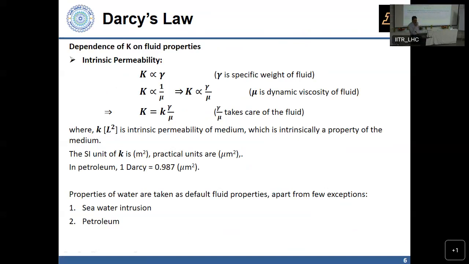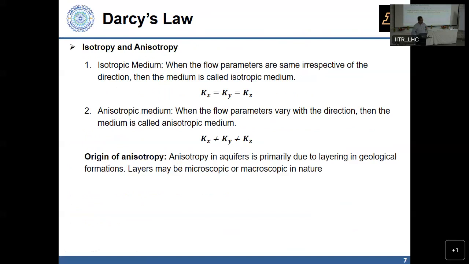I want to talk a little bit about isotropy and anisotropy. In fact, it came up in the earlier questions. The hydraulic conductivity is a property that is directionally dependent, and in fact, it's more of a tensor. But with this idea that we are talking about flow in a particular direction, we're applying the gradient and measuring the flow in that direction. If that direction happens to be x, we would call that k sub x.